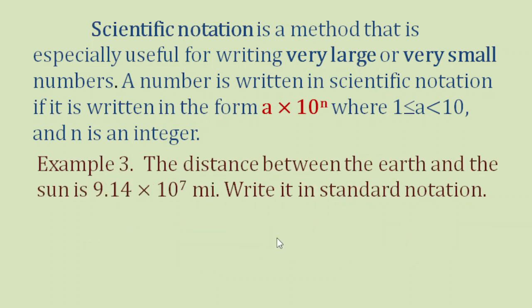Now, example number 3. The distance between the Earth and the Sun is 9.14 times 10 to the power of 7 miles. Write it in standard notation, meaning to say from scientific notation to standard notation. So we are going to remove this part here.